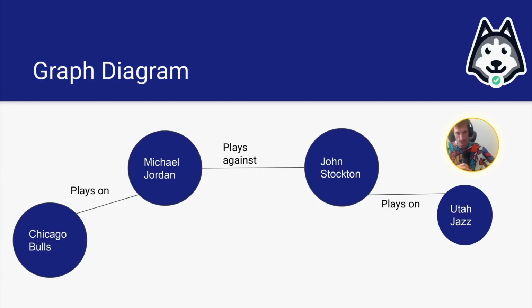You'll see you have Michael Jordan and John Stockton. These are two kind of famous NBA players who played against each other in the 1990s in the NBA finals. And they play against each other because they're on different teams. But then you'll see that John Stockton is connected to the Utah Jazz because he plays on the Utah Jazz.